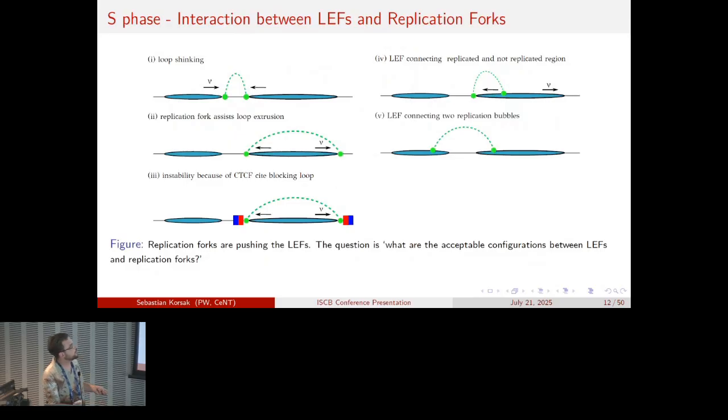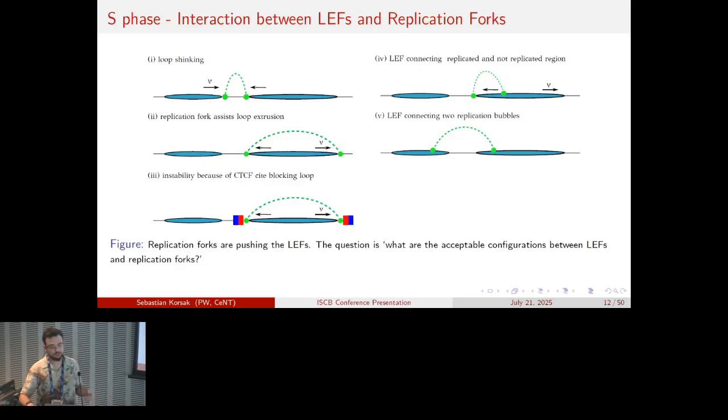For example, when we have the S phase, we have the replication, and then we can apply some rules that we know from papers. For example, we know that the replication forks act as barriers for cohesins and SMC complexes. Another important thing is that replication is much slower than loop extrusion.